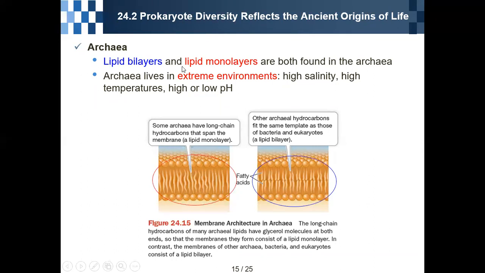Usually Archaea live in extreme environments, especially high salinity, high temperature, or high or low pH.